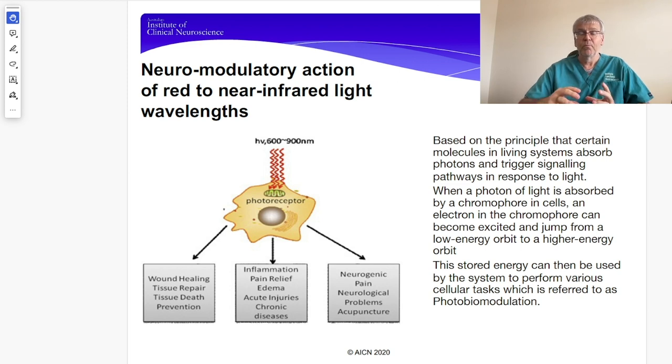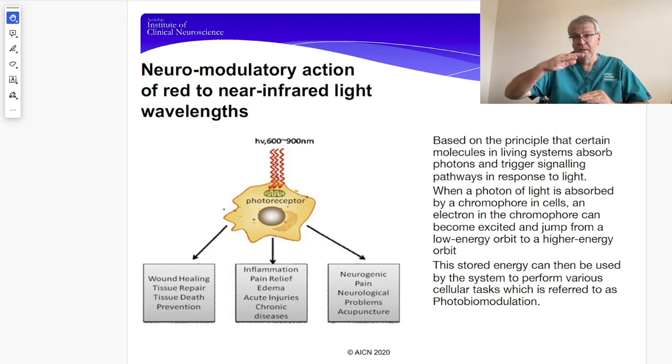So what we're really looking at here is the movement of electrons in the atom from a low state of energy to a higher state of energy, and then sometimes they will return back. Next photon hits, up it goes again.